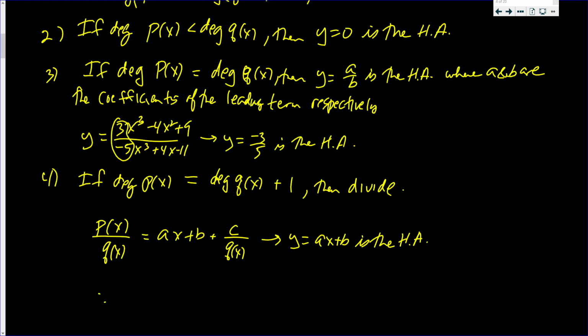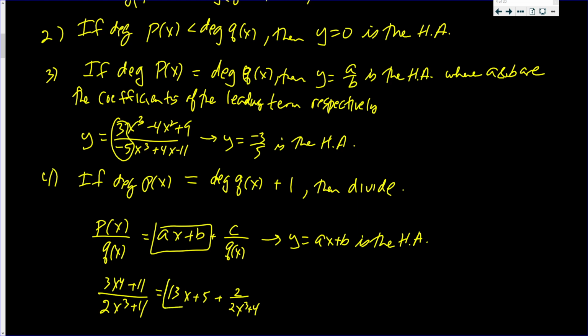If you have, I don't know, 2x cubed plus 4 in the bottom, and the top is 1 more, 3x to the 4th plus 11, if you did this division, maybe you'll get 13x plus 5 plus 2 over 2x cubed plus 4. I guarantee you it will be linear plus a remainder. This linear part would be the horizontal asymptote.